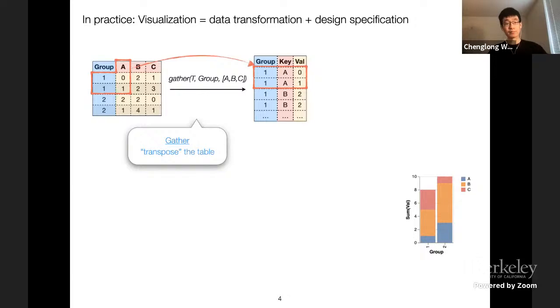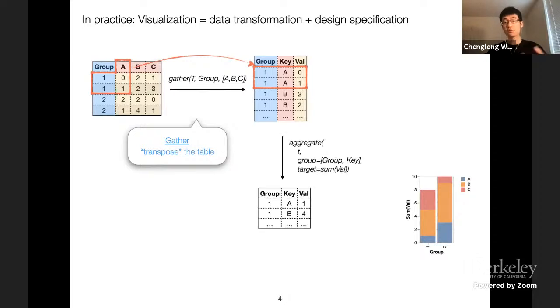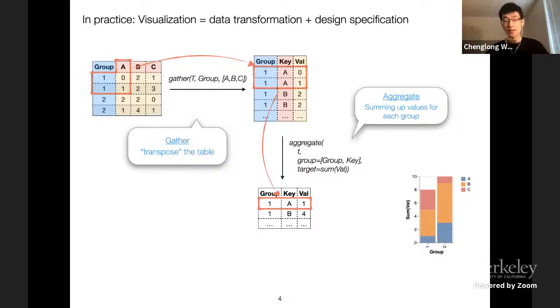After this transformation, as you can see, this irregular region turns into a rectangular region. After that, we still need one more data transformation step, which is to aggregate the data for each group and for each key in order to calculate the sum. So for group 1 and column A, we calculate the summation by summing up the values in the val column.